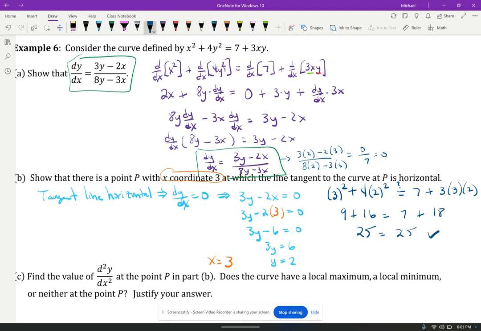So yes, there is a point with this x and y coordinate, so there is a point P at (3, 2) at which the tangent line is horizontal.